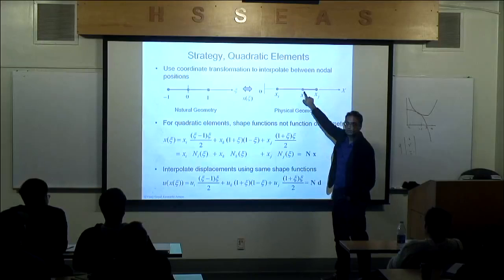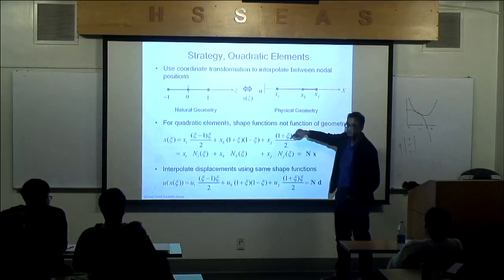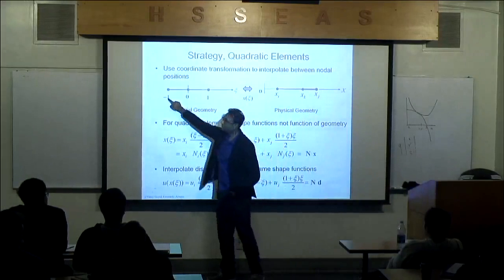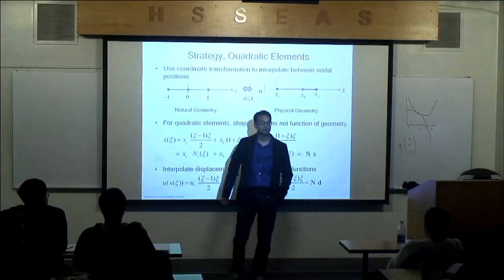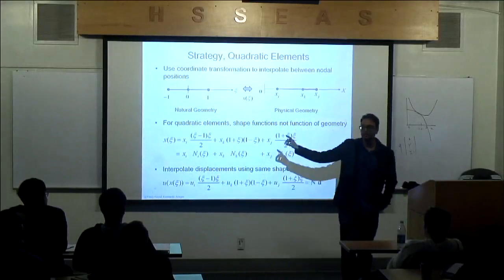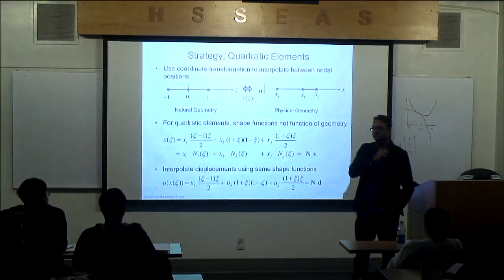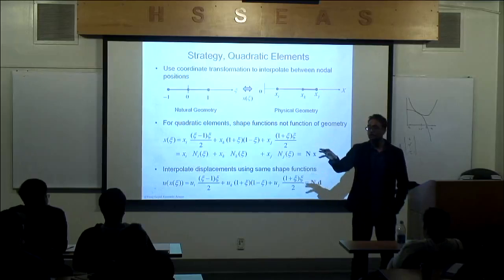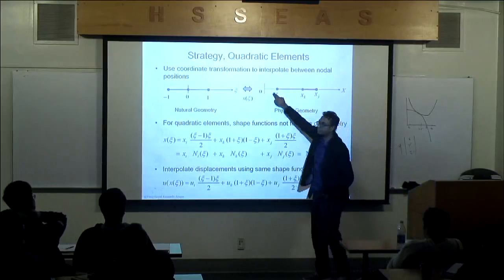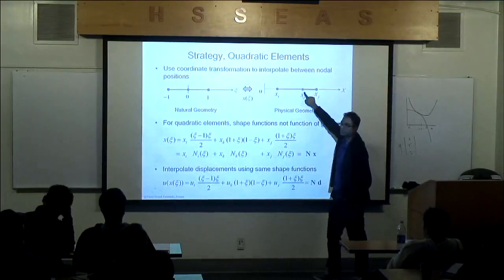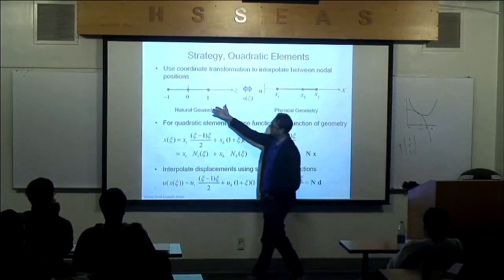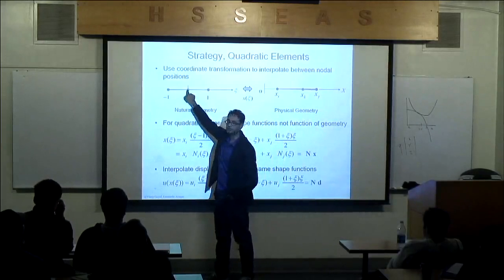Don't you agree that after I put this mapping in with these shape functions, it goes from this to -1 to 1 with a center node at 0? Every single element. I can do that. Isn't that interesting? I can take every element, which may have a different size. This node could be more to the right or more to the left. I put it through this mapping, and it gives me -1, 1, and a node right in the center.